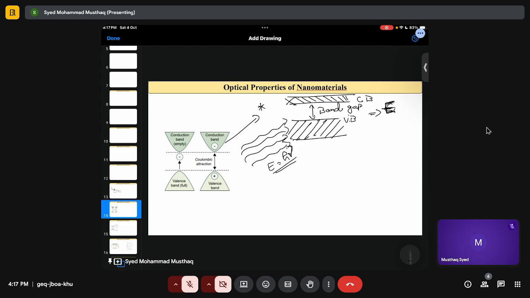Now, for some materials, let's say my band gap is 0.5 electron volts, which is low, and in insulators the band gap is very large. So let's discard insulators and take some semiconductor types, where the band gap is between 0.5 to 0.8 electron volts.